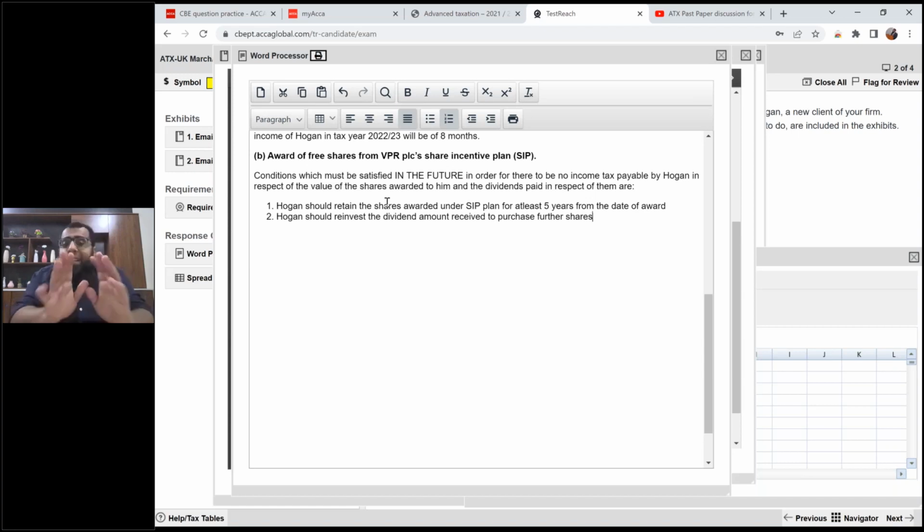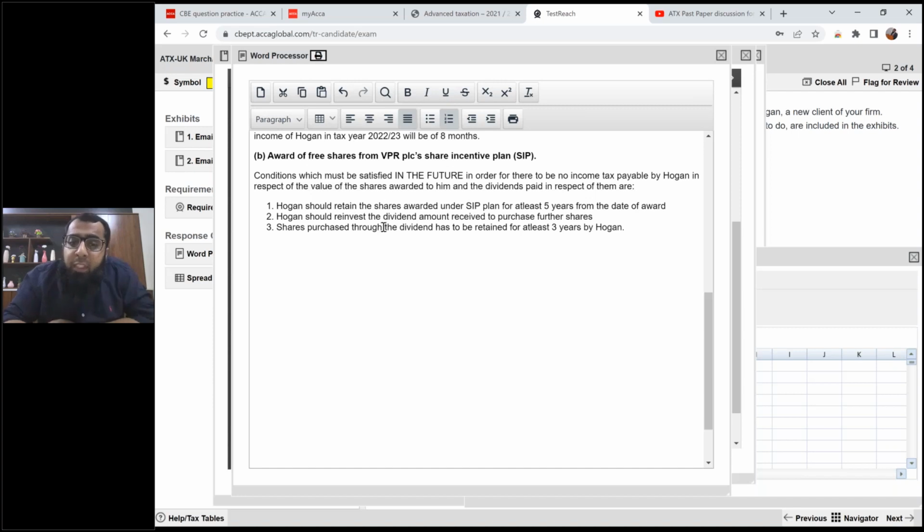Okay, now these are the two requirements which students normally remember. Now there is one more point which is normally not included in the past papers, but you can learn it from the answer. Shares purchased through the dividend have to be retained for at least 3 years by Hogan.